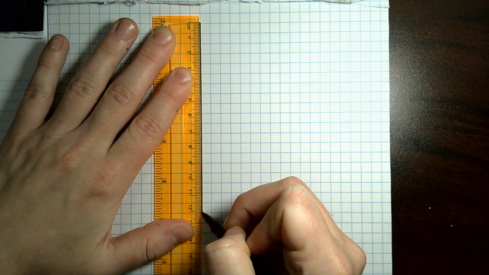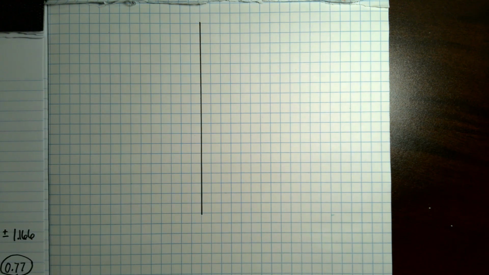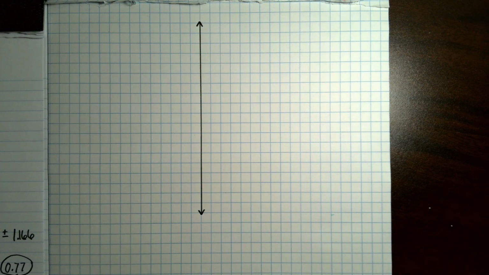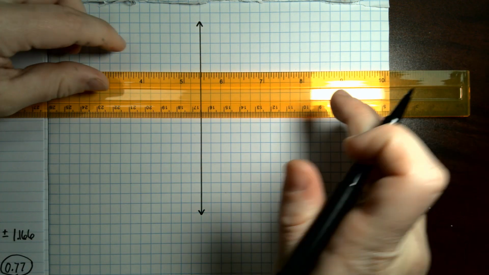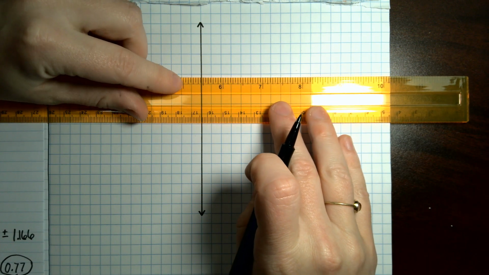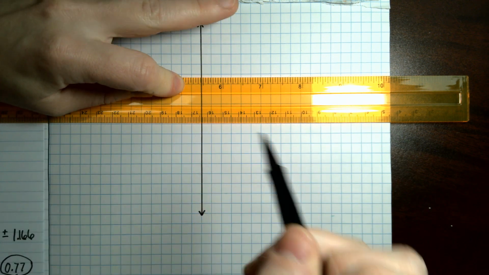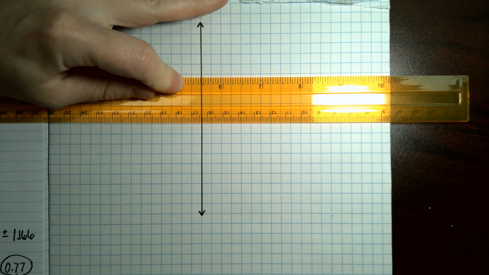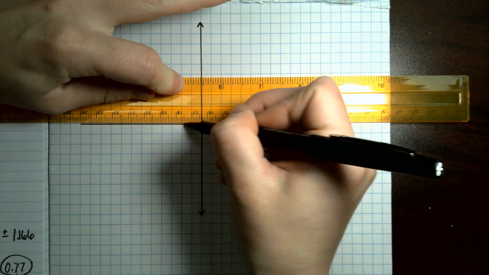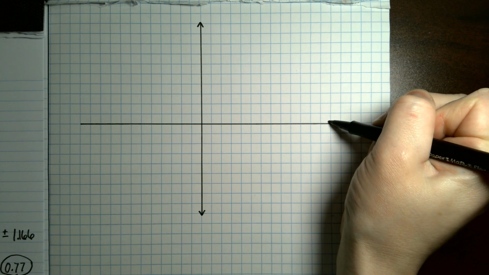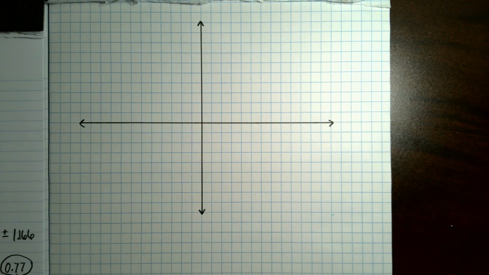I'm just going to go about halfway down the page. I'm going to put the x-axis. We need it to be a good size. I'm making mine about half my page. So a pretty decent size. Making it about like this. And then we're going to label our x-axis and our y-axis.